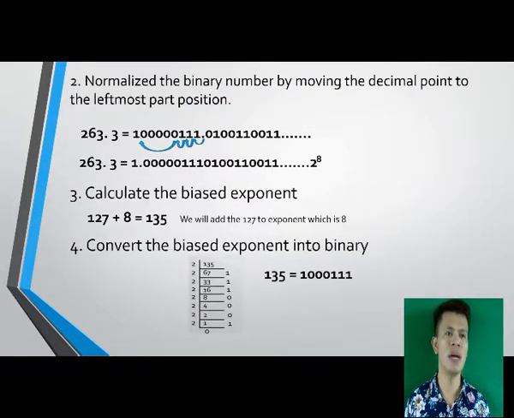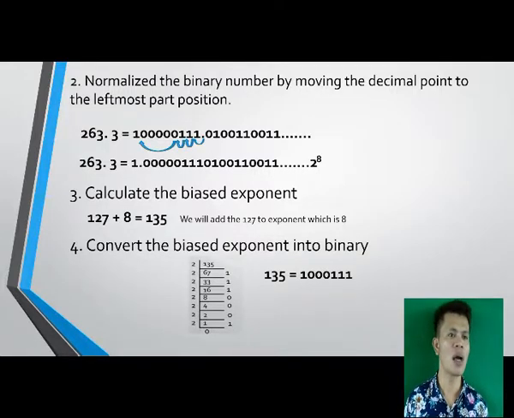Number 2, normalize the binary number by moving the decimal point to the left. So the result of 263.3 in binary is 100000111.0100110011. Now we normalize the binary by moving the decimal point from right to left, and it shows the result.